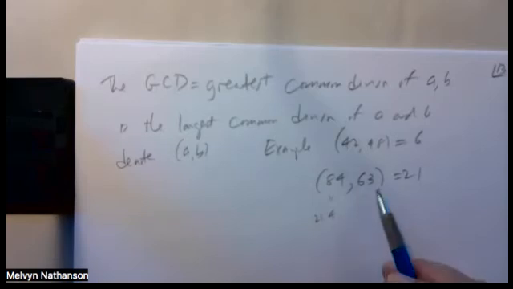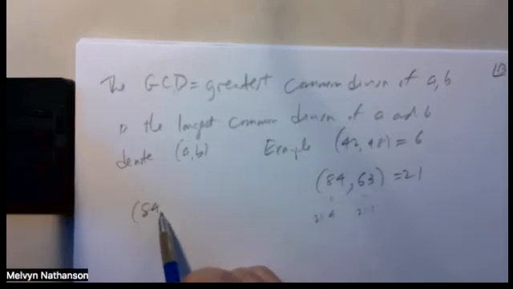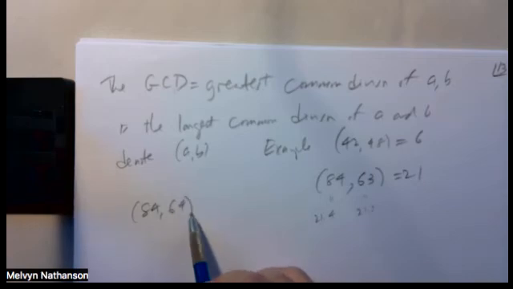Because 84 is 21 times 4, 63 is 21 times 3. And there's nothing bigger that divides both of those numbers. The greatest common divisor of 84 and 64, what is that?